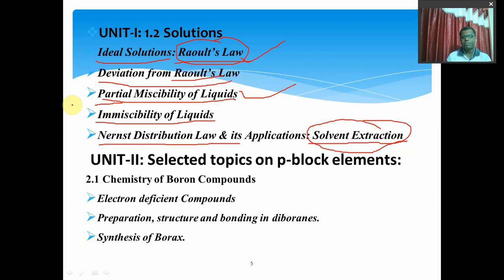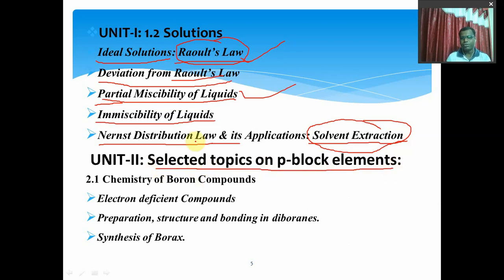Again in the same chemistry paper 2, unit number 2 is based upon inorganic chemistry. I already told you this topic will be taken by Bambre sir, and it is entitled selected topics on p block elements.